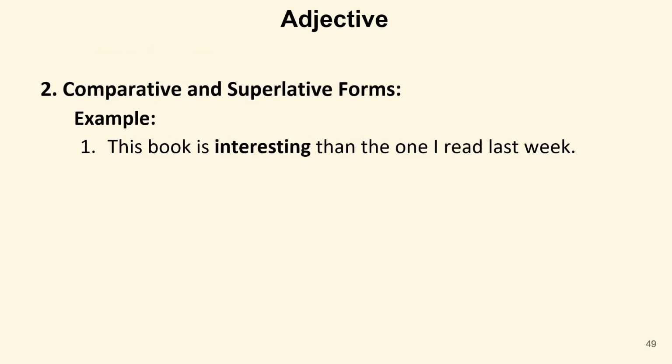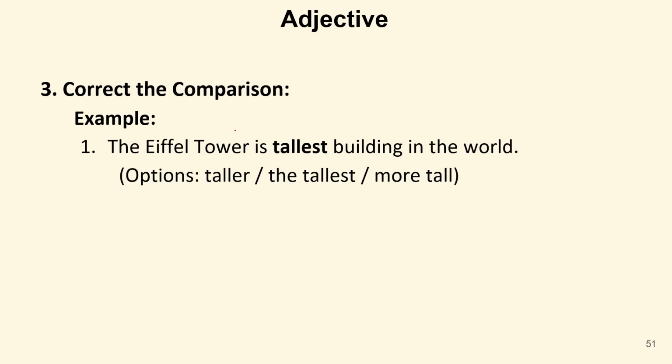Comparative and superlative degree forms. This book is interesting than the one I read last week. If a comparison is being done, it should not be interesting. Interesting is a positive degree; we have to use the comparative degree here. So it should be more interesting.